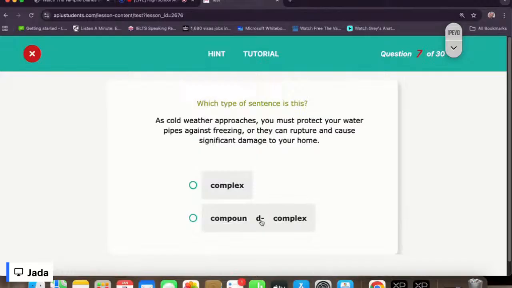So is it complex or compound-complex? Alright, so we have compound-complex.